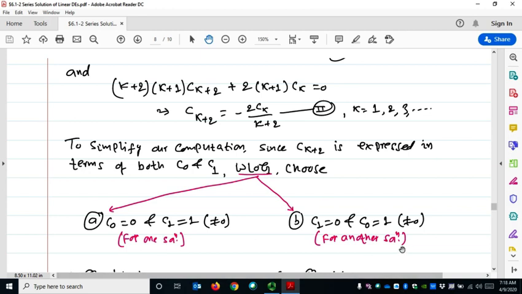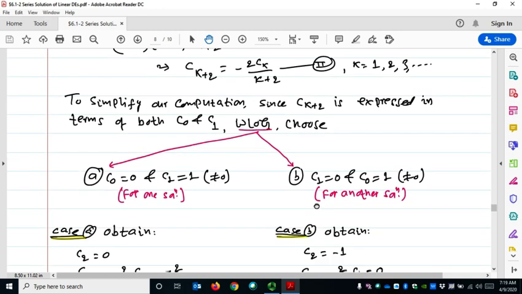To find the other solution, just switch their values: take c1 is 0 and c0 is 1, and find the other solution. That's the idea here. Now let me scroll down.